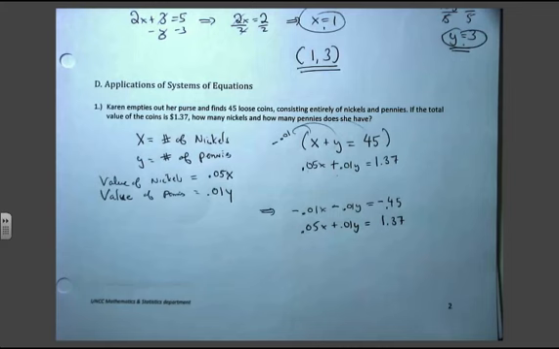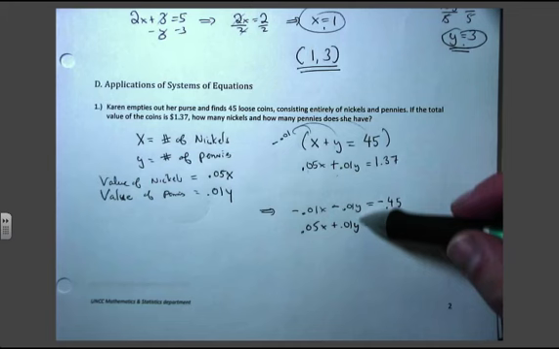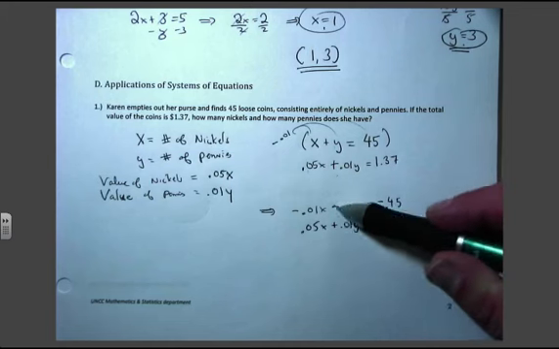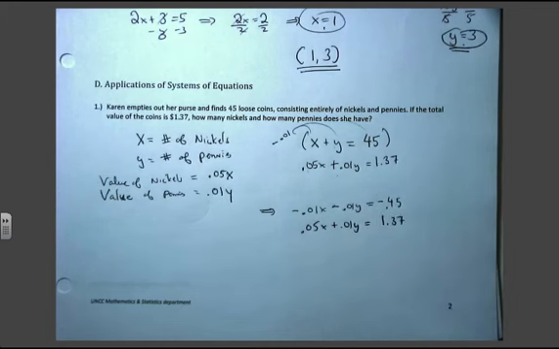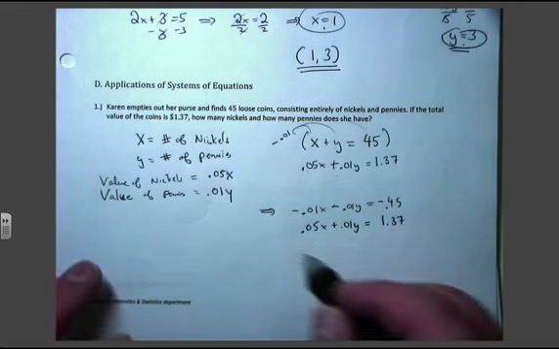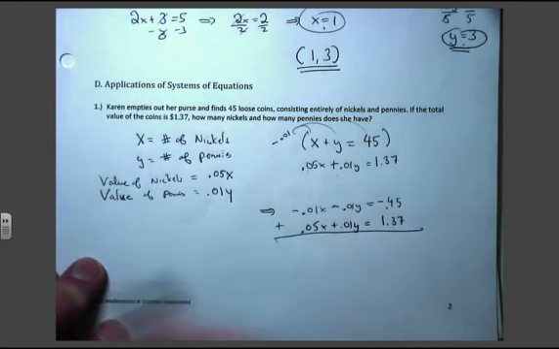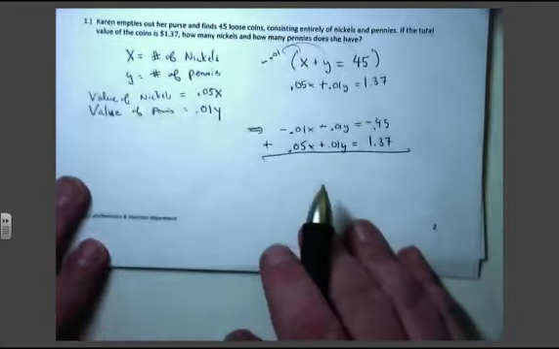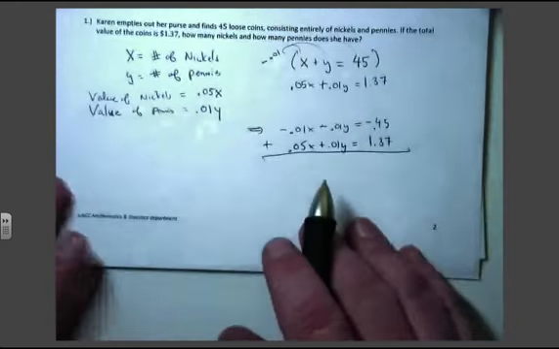Look at your y variables. This is the ultimate goal on the elimination method. The y variables are the same except they have the opposite sign. So once I get the same but the opposite sign, what am I going to do? I'm going to add the two equations together, combine my terms. What is negative 0.01x plus 0.05x?